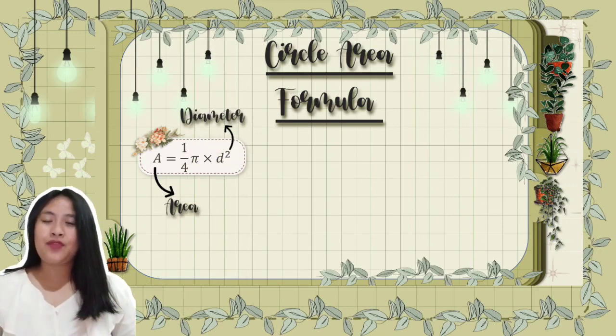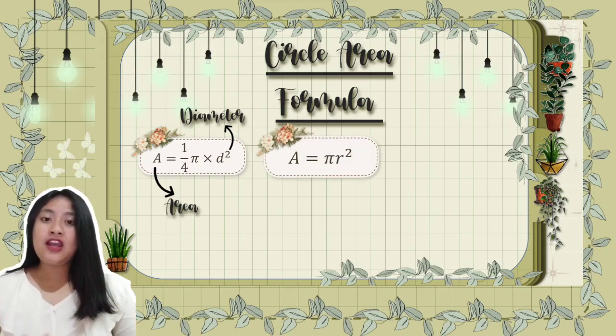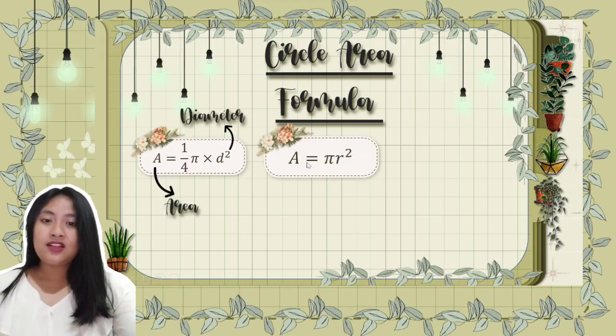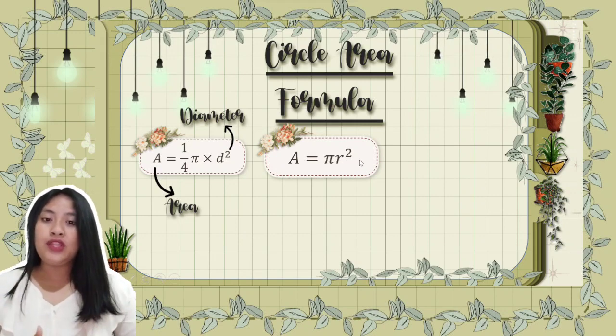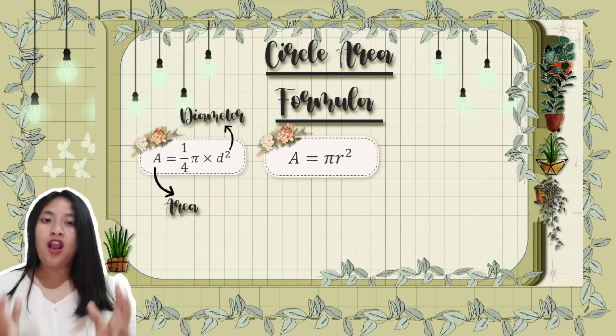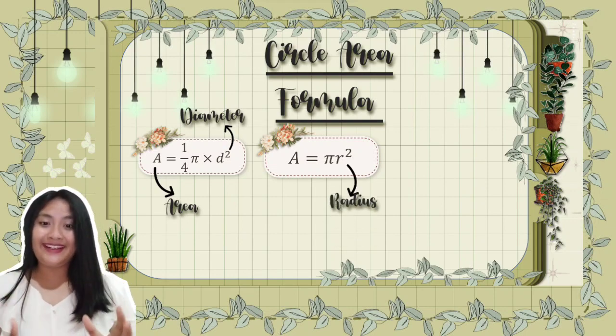On the other hand, if R is known, then the formula is area equals pi times R squared, with A the area of the circle and R the radius of the circle.